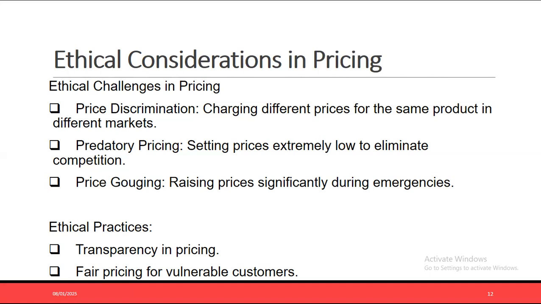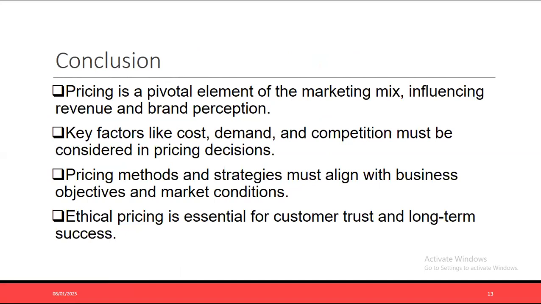There's also the need to be transparent in pricing. People should know why they are paying what for their product. And as much as possible, there should be fair pricing for vulnerable customers.